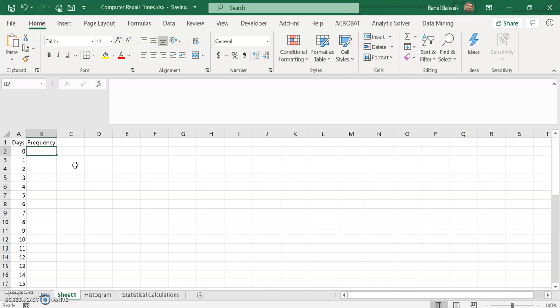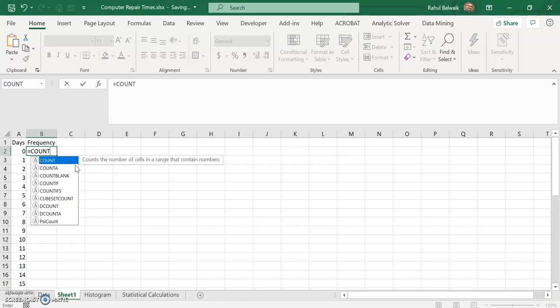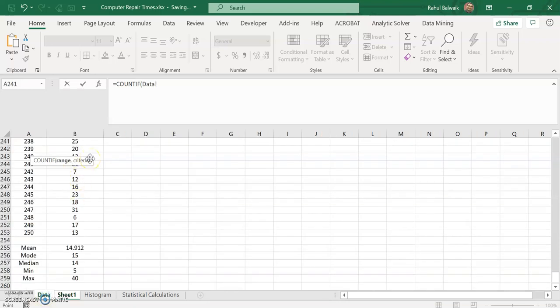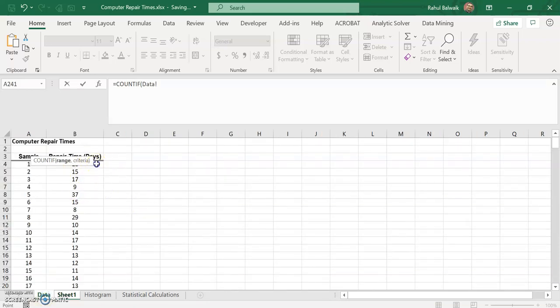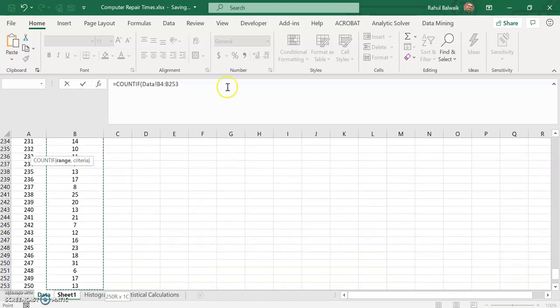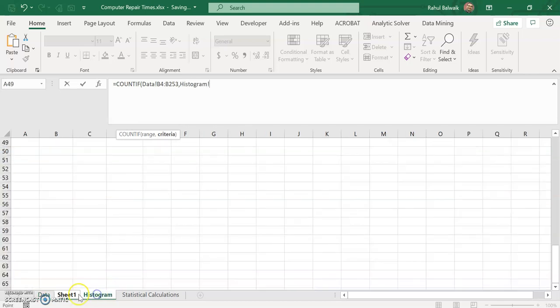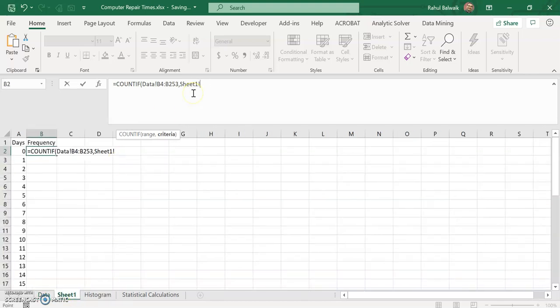So we'll use the COUNTIF function. By using the COUNTIF function, I can determine how many computers were repaired in these many number of days. Okay, so that's the range, and the criteria will be here, which is the number of days.